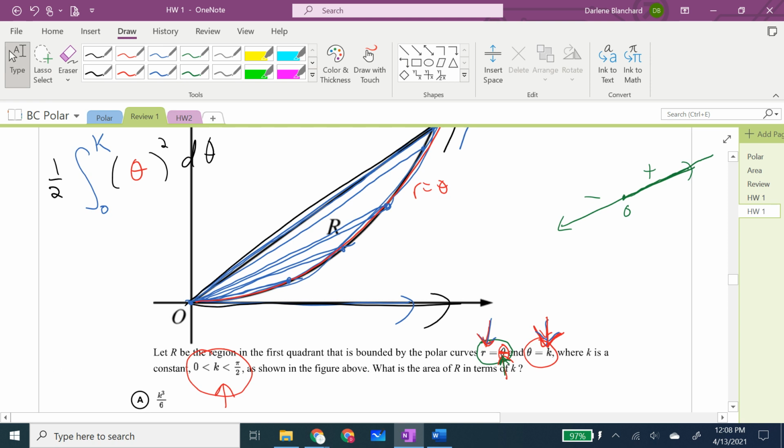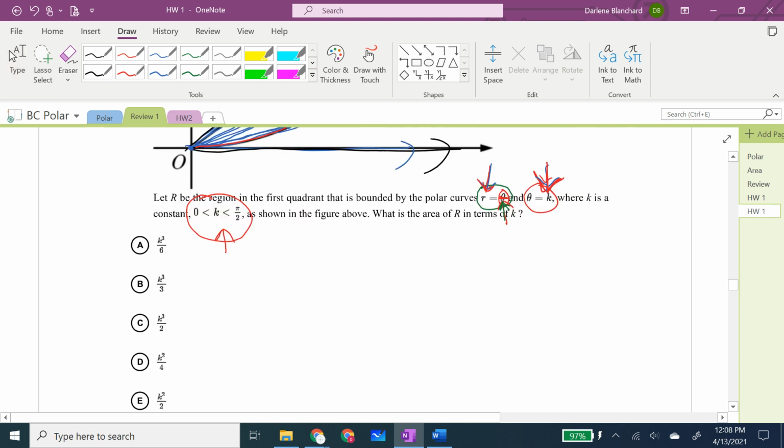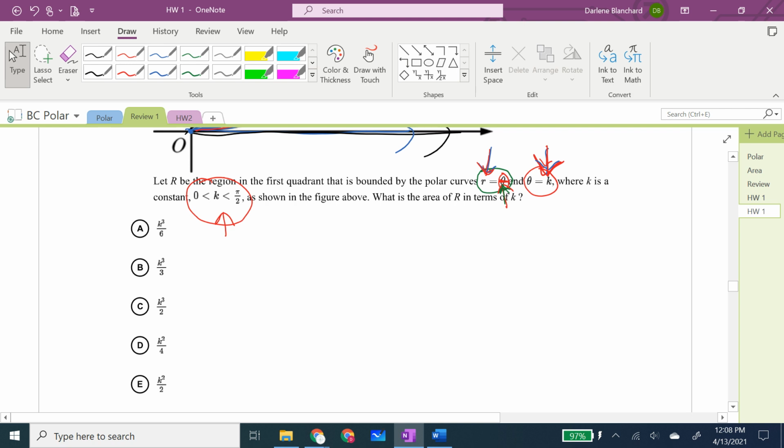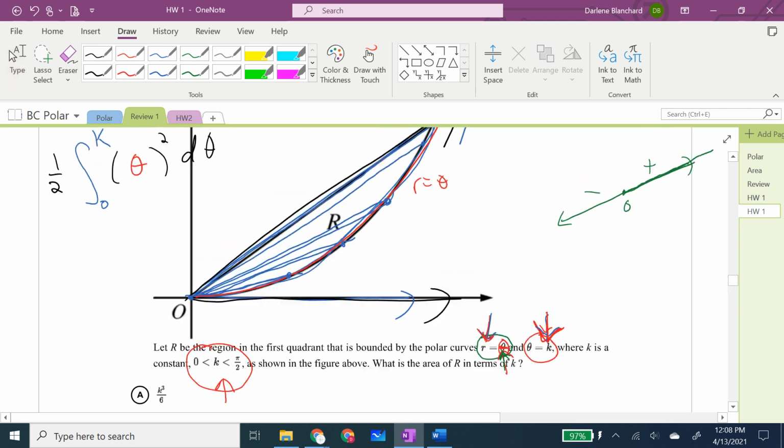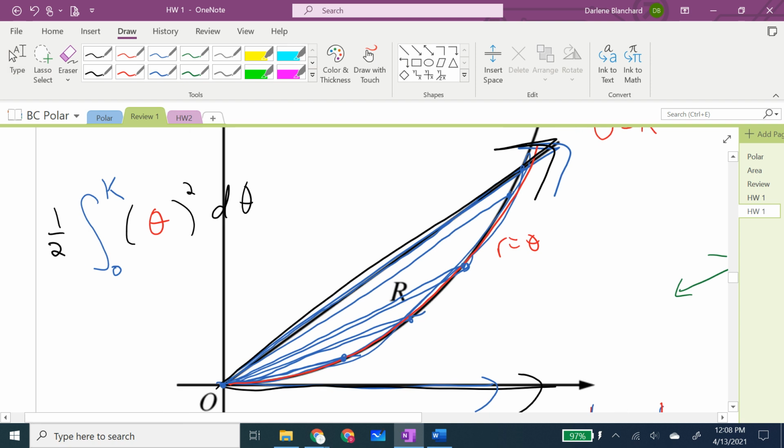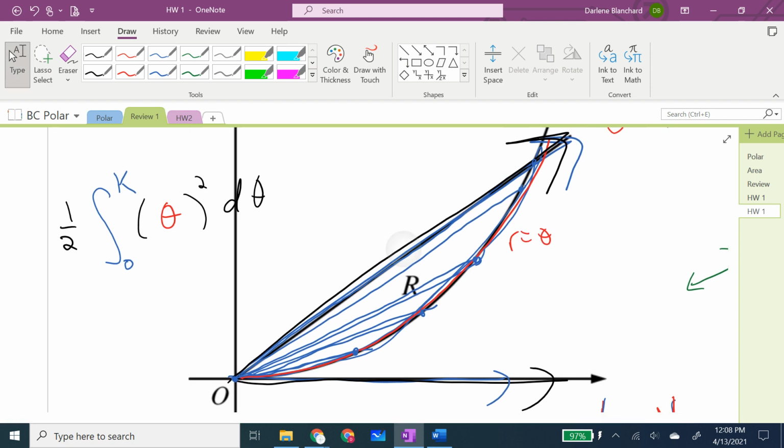So what do you do now? Well, if you look at the possibility of answers, you realize, oh great, I have to integrate by hand. So with respect to theta, the variable is theta, the function is theta squared with a 1/2 multiple. So integrating, I add 1 to the exponent and divide by that number.